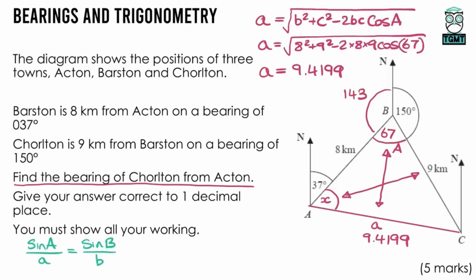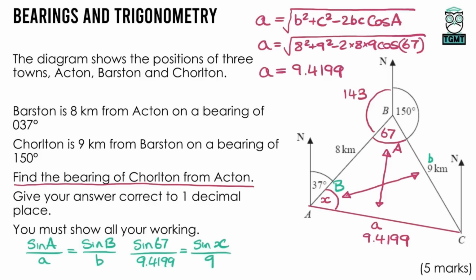So let's call our angle here B and the opposite side little b. So we have sine of 67 over 9.4199 is equal to sine x, the angle that we're looking for, over 9.